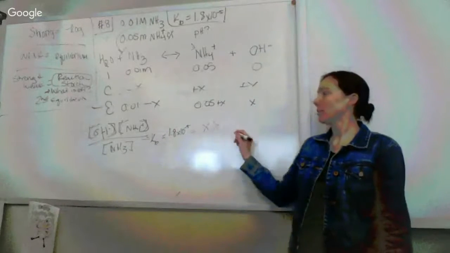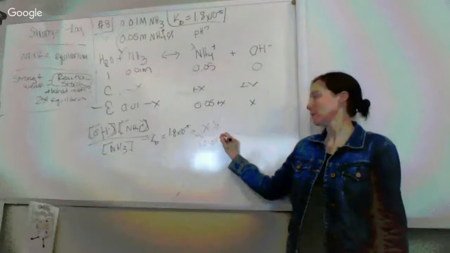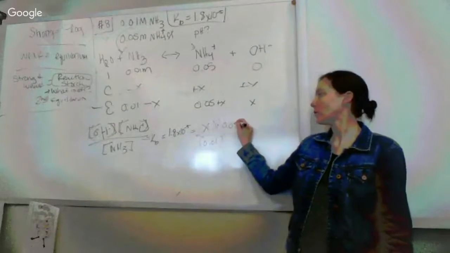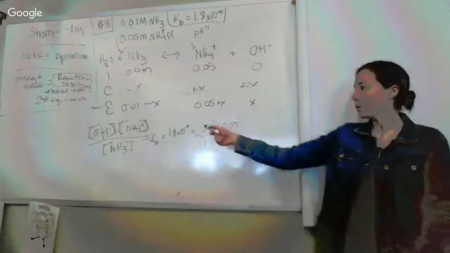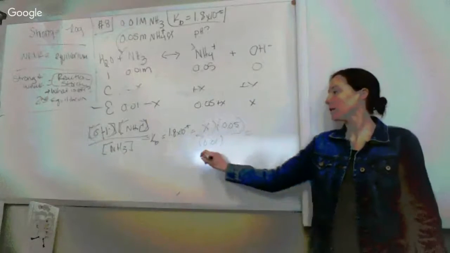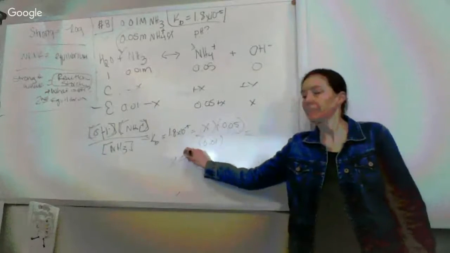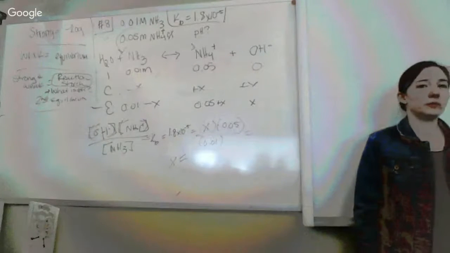Does it look like I could drop my x's? Yes, you can drop your x's. Always drop your x's. So then we're going to multiply this: 1.8 times 0.01 divided by 0.05. X is going to be equal to what? I don't want to use my cell phone. Can somebody calculate that for me?